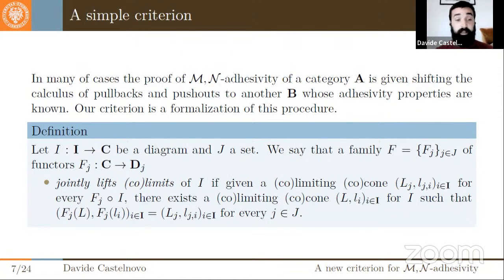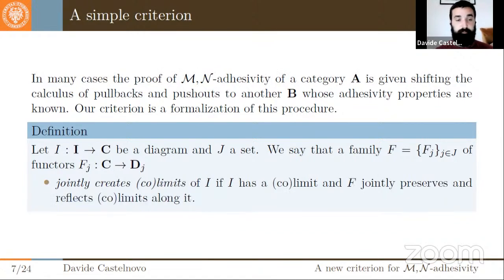For lifting it is again the same story. We start with a co-limiting co-cone for every composition. Then we set that there exists a co-limiting co-cone for I, such that all the images of it are sent to the image of the starting co-cones.